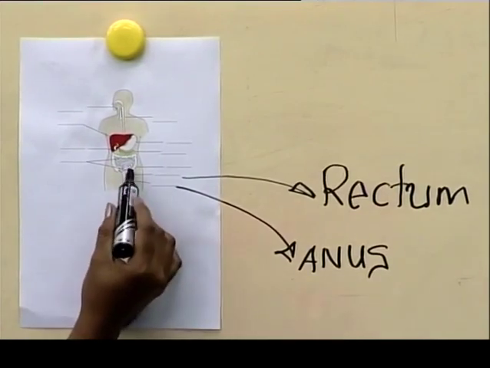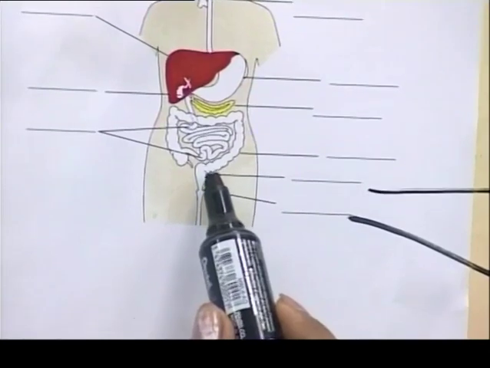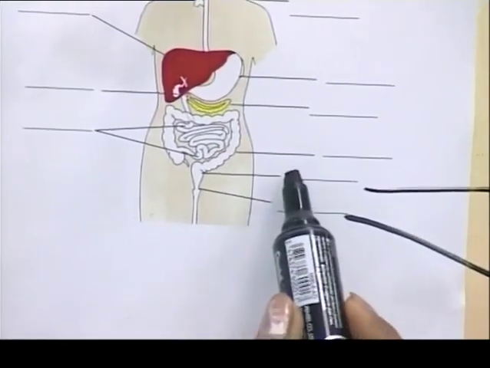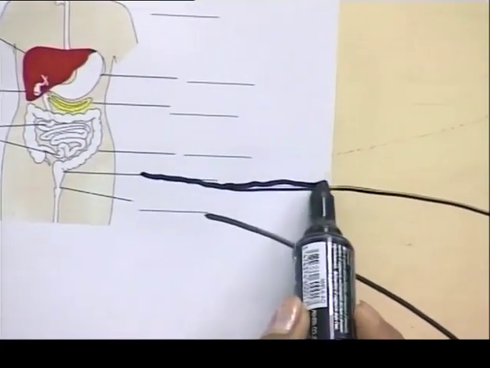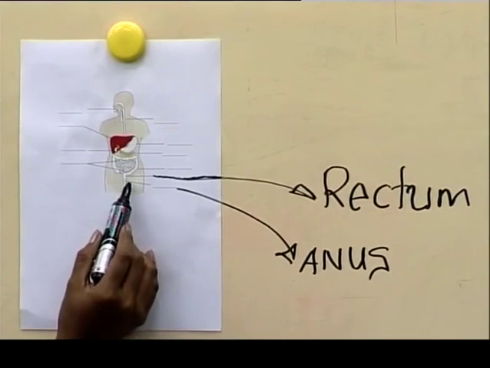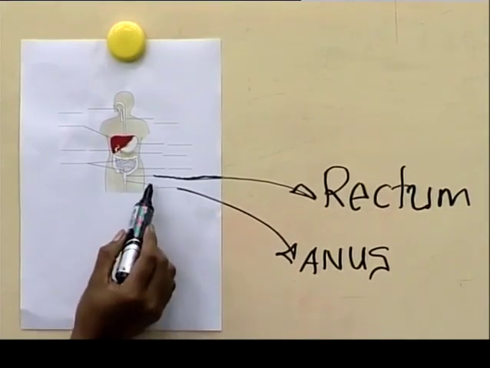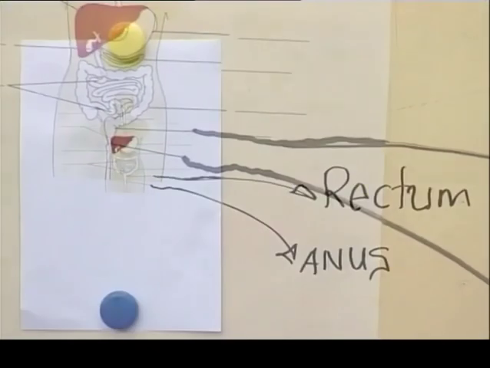This is the large intestine, and where it comes to its end, the first part here is the rectum, and after the rectum, at the bottom is the anus.